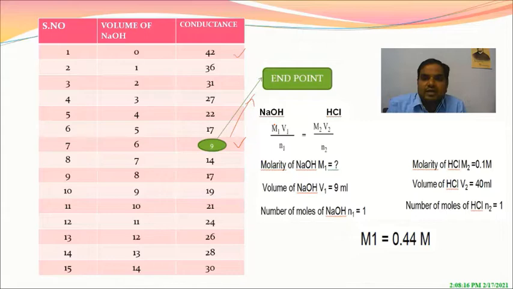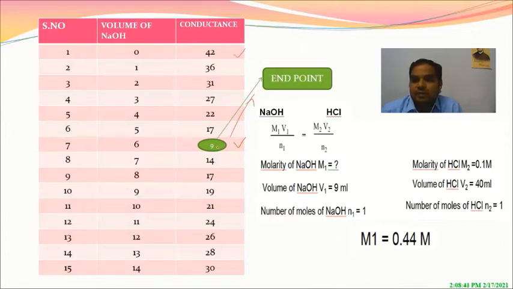When you are going to find out the sodium hydroxide versus HCl, M1V1 by N1 is equal to M2V2 by N2. Molarity of the sodium hydroxide we haven't been given. Molarity of the HCl, that is M2, is given as 0.1 molar. From the graph we got 9 ml, the volume of the sodium hydroxide consumed, and the volume of HCl we have taken is 40 ml.